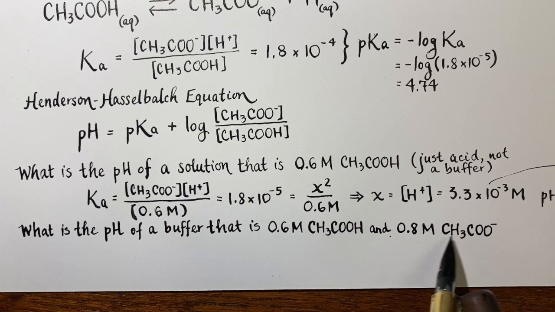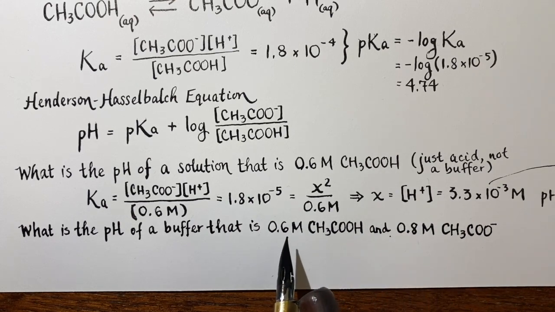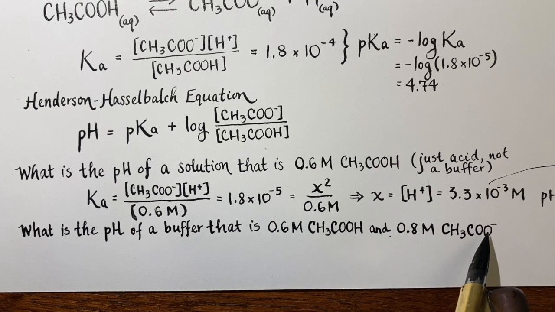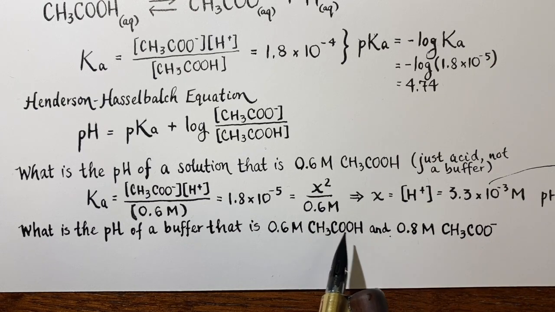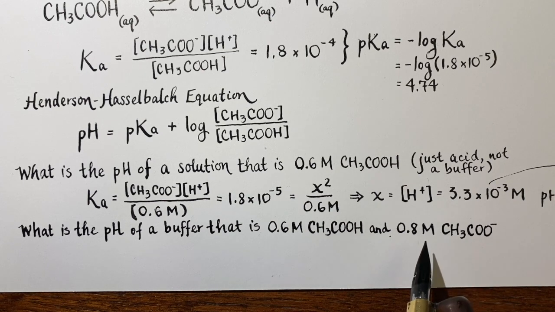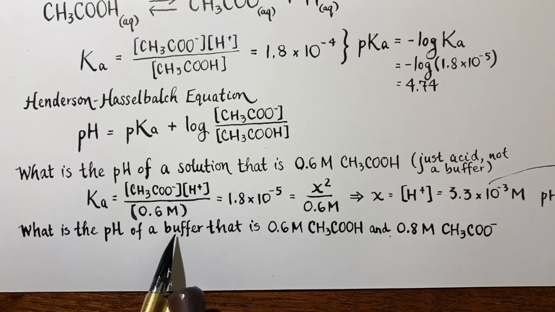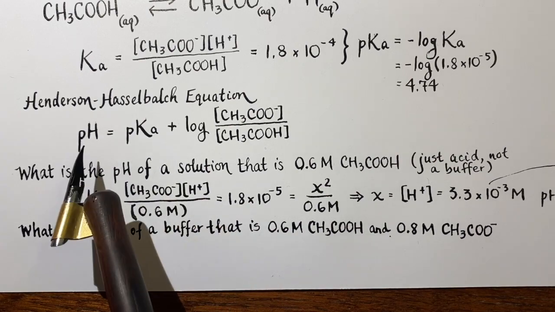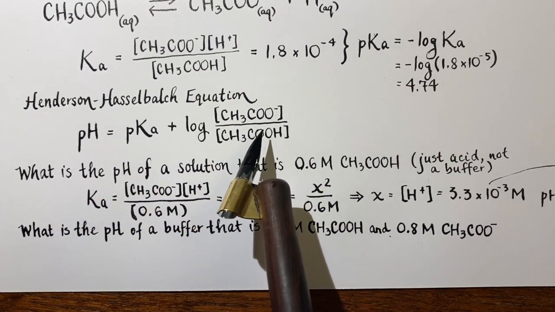There's various ways of doing that, but the net result is the buffer has these two concentrations of weak acid and conjugate base. So now, since it's a buffer, we get to use the Henderson-Hasselbalch equation.